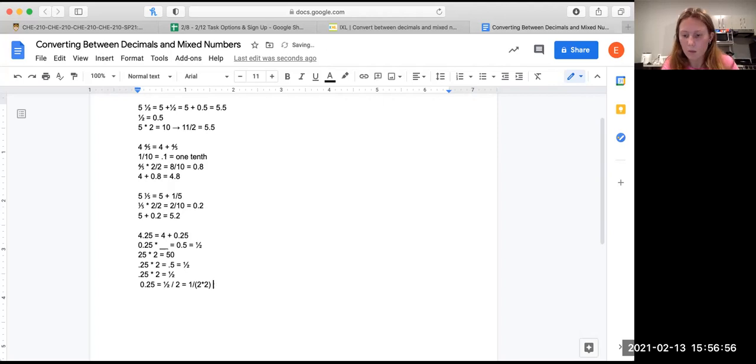Let me rewrite that as dividing by the reciprocal, so it's a little clearer. So 1/2 times, the reciprocal of 2 is actually 1 over 2. So it's 1/2 times 1/2. So then we're going to get 1/4. So 0.25 is equal to 1/4.